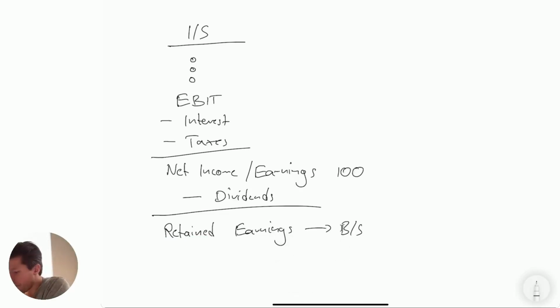So if the company decides, let's say scenario 1, to pay 0, then $100 goes into the balance sheet and is retained. The company can also decide, we have 100 in earnings and we pay 100 in dividends, then no earnings are retained.